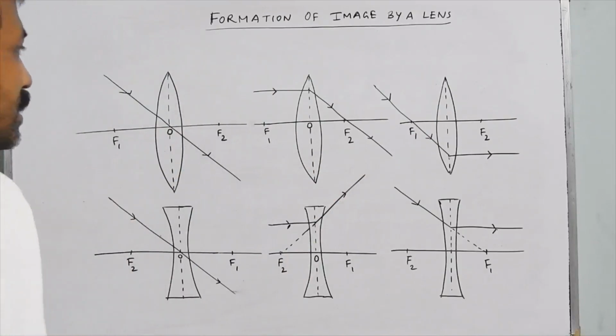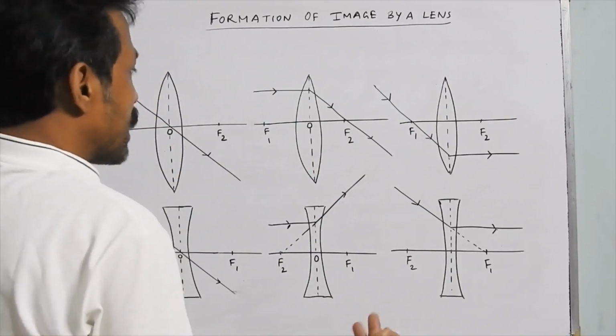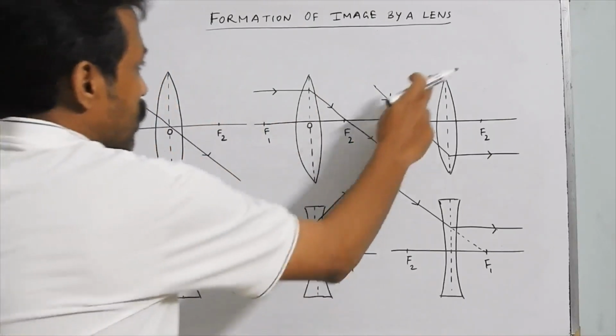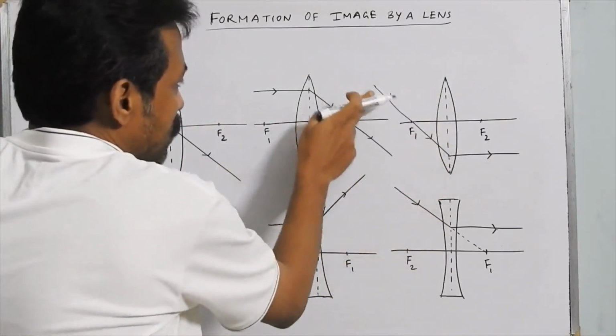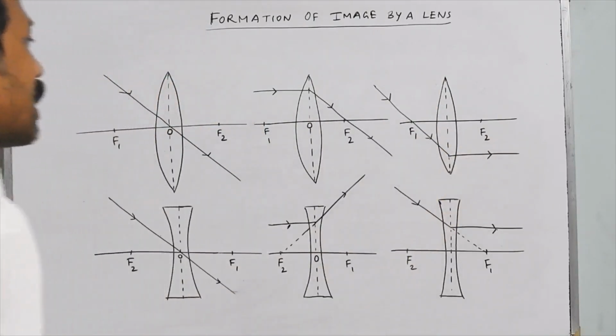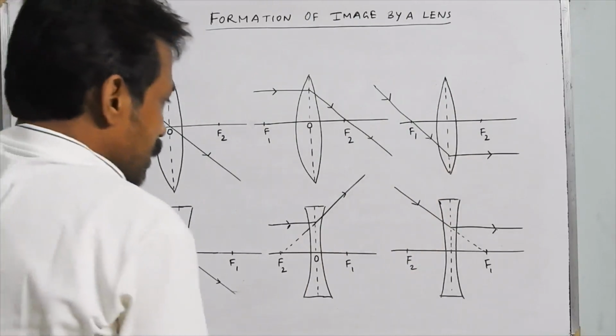The third ray that we usually take is a ray passing through the first principal focus. So in case of a convex lens, if you consider a ray passing through the first principal focus, after refraction it will become parallel to the principal axis.